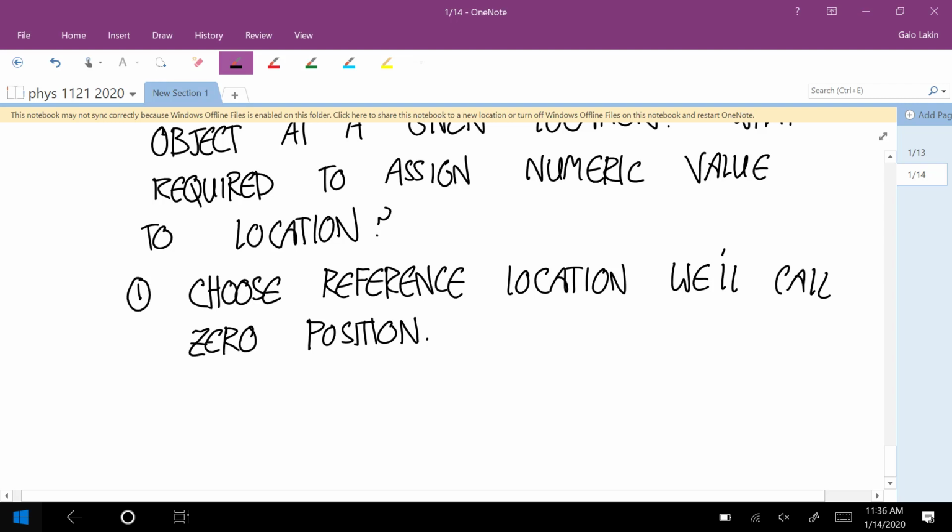That's where we're going to start measuring from. And then second, since we're dealing with motion only along a line, and there's only two possible ways you can go, we need to choose a direction that we're going to call positive.